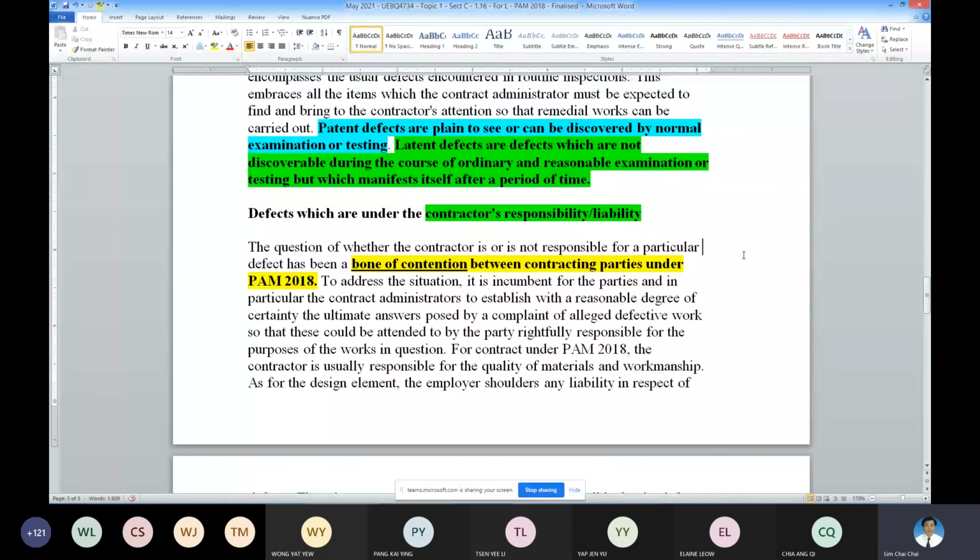Contractually, a lot of times the contractor is right, but they are forced to do whatever at the whims and fancies of the employer and the consultant. So please remember, this is a real example that you are going to face in your working life on whether the defects or problems belong to the contractor or not.